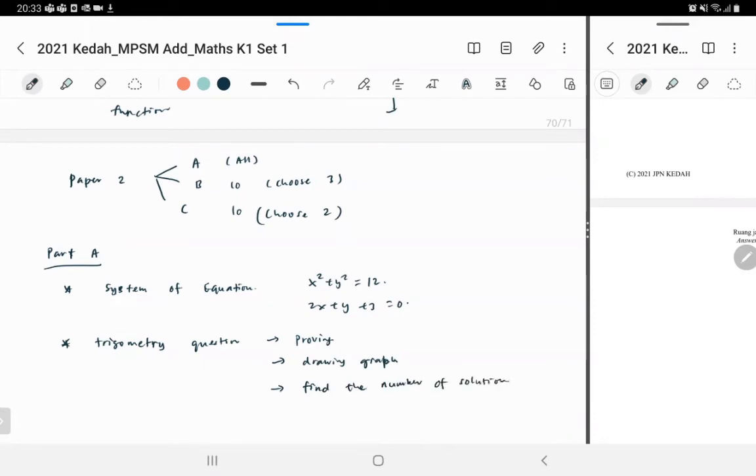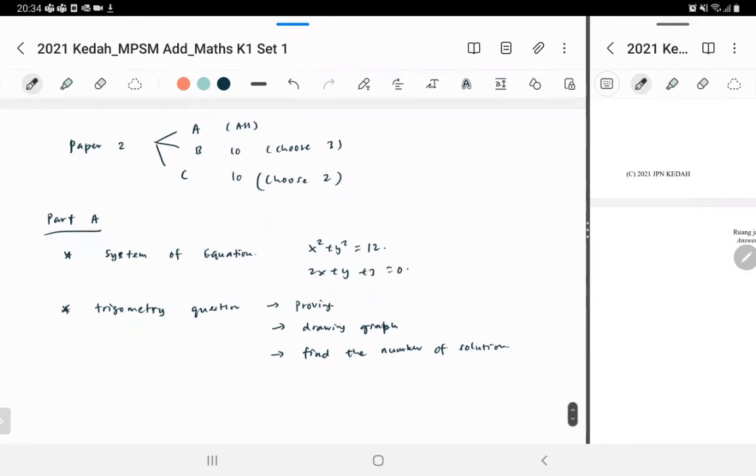Actually, on this pattern is like KBSM syllabus also. For the previous year's SPM, there is one questions for trigonometry like this. Part A is proving, part B is drawing the graph, part C is like find the number of solution. Okay, and then when I study your state papers, the paper 2 got similar questions also lah. From almost all the states paper got this pattern also.